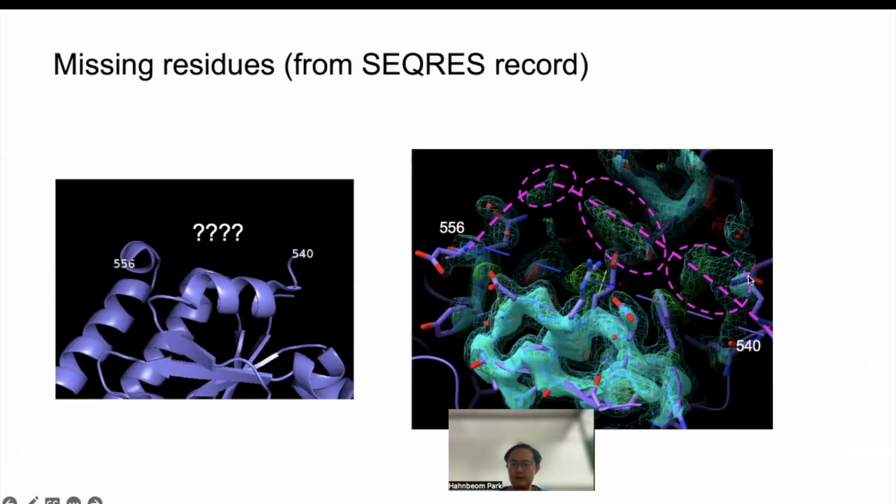Previously we learned that the way we get the protein structure is based on the electron density converted from diffraction data. But often there are cases when the electron density is too blurry for you to follow where the sequence should go.